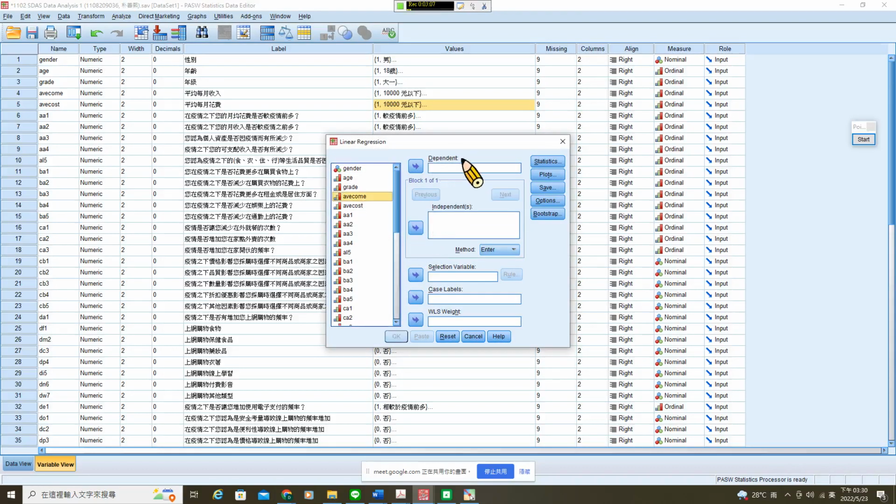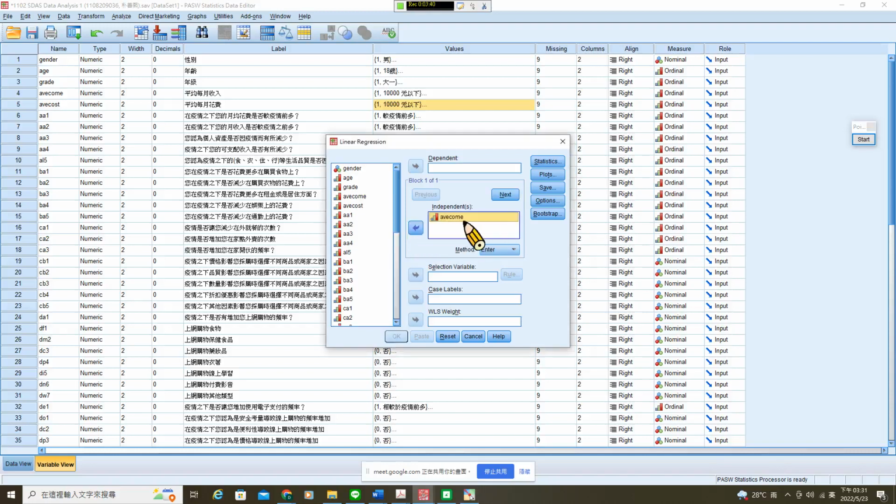We have dependent variables and independent variables, right? So let's see which one is the independent variable. In this case, of course, the money you earned and the money you spent. Normally, income should come first before the money you can spend, right? So it is logical to put average income into independent variables.